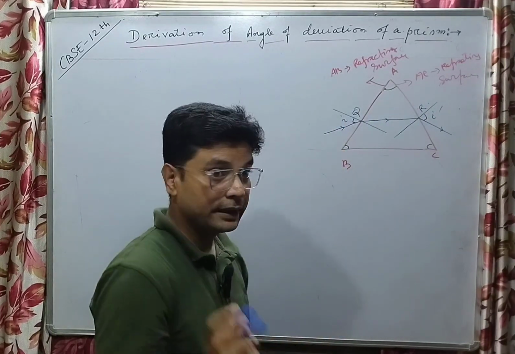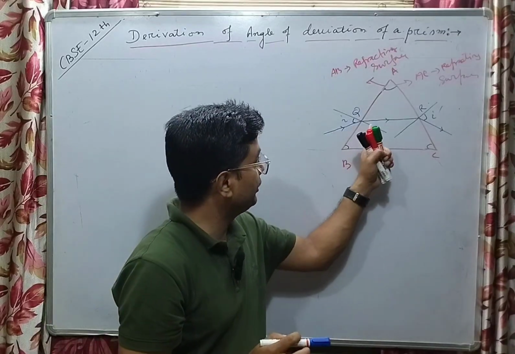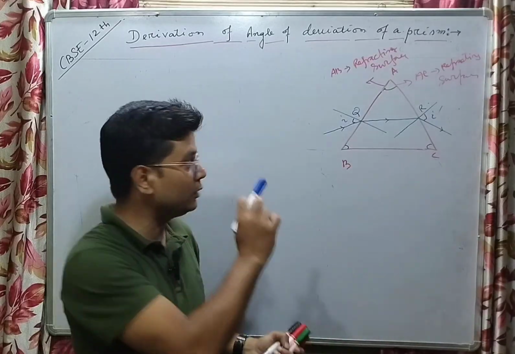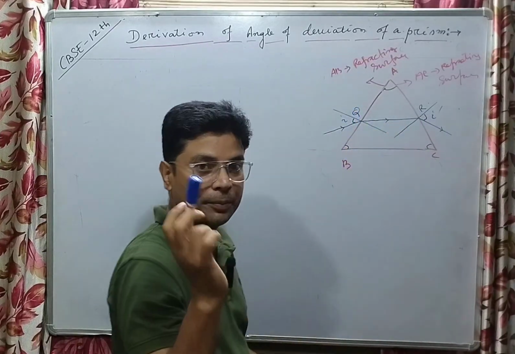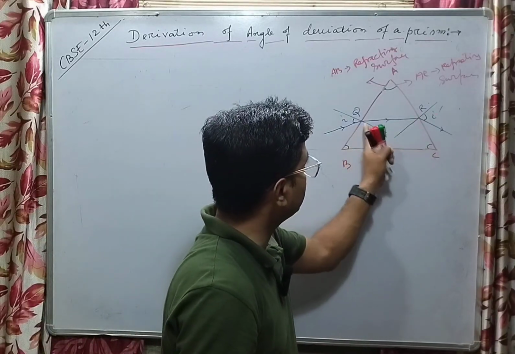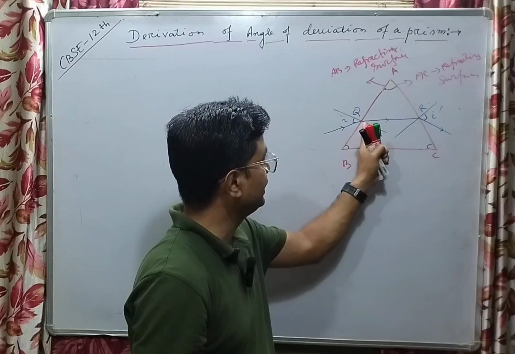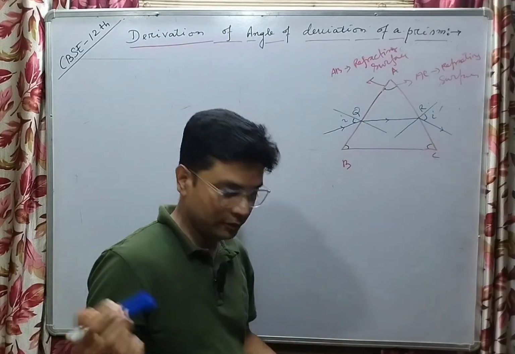Another important thing, students, you must remember the refracted ray must be parallel to the base of the prism. So ray QR becomes parallel to BC after refraction on entering through point Q. Okay, it is clear.